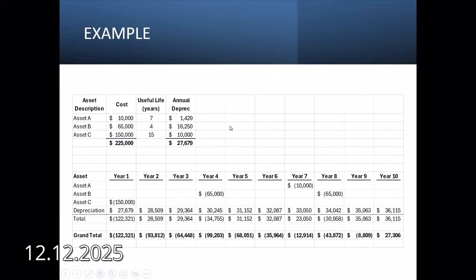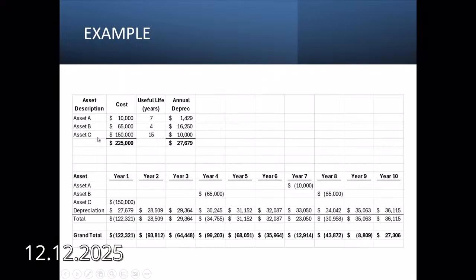We're looking at each individual asset, determining what that total cost is, then, through information the department heads know about how long a piece of equipment will last, determining what the useful life is. So we take that cost and divide it by that life to determine what that annual depreciation is. That's the number.